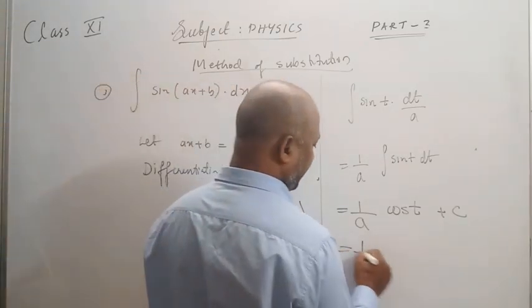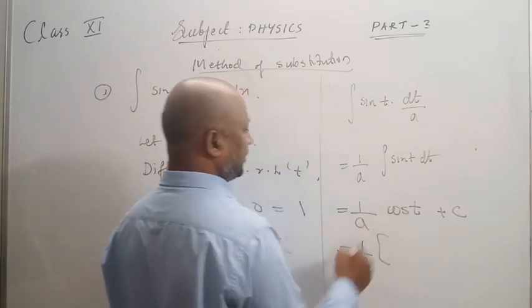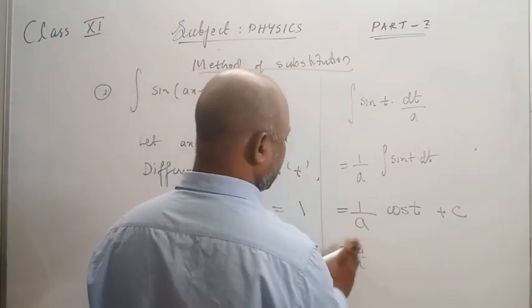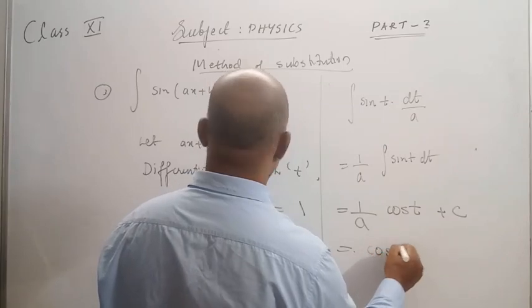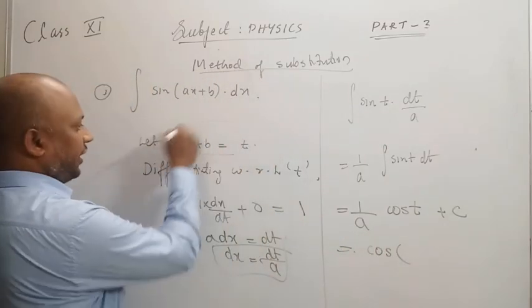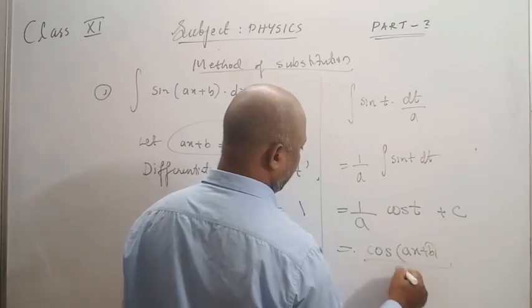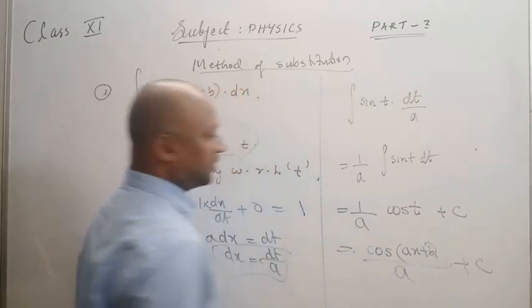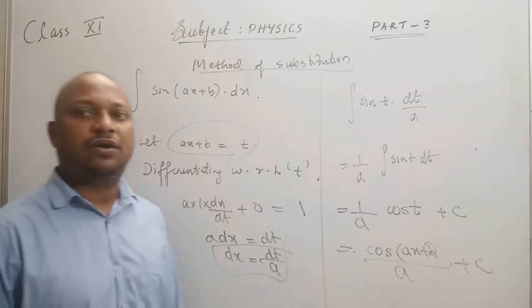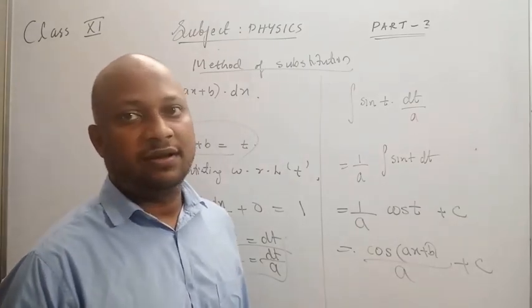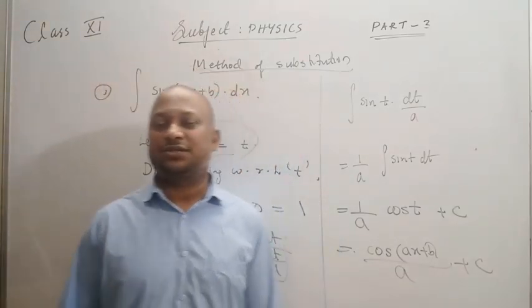So 1 upon a into what is cos t? What is t? t is equal to ax plus b. So I can write cos of ax plus b divided by a, plus constant. You can even memorize this formula, cos ax plus b divided by a. But this is a method called substitution.